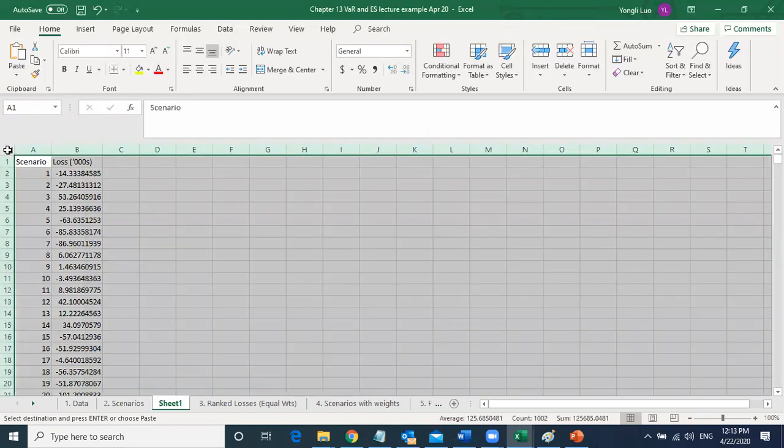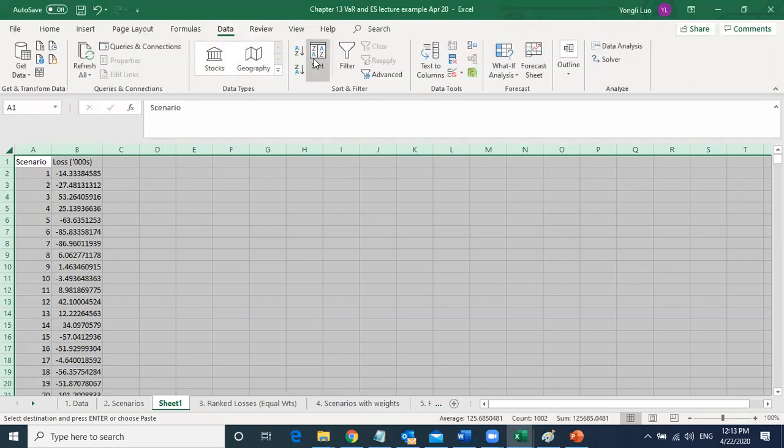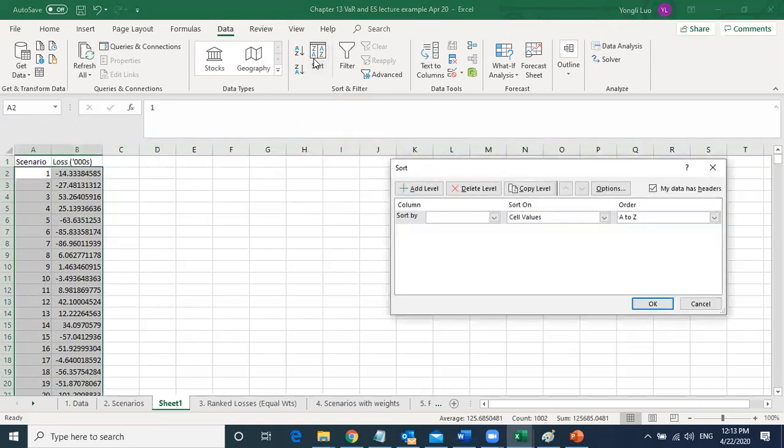Now what we do is you select the whole Excel spreadsheet and using Data, you sort the data. Sort by the losses, from the biggest to the smallest.